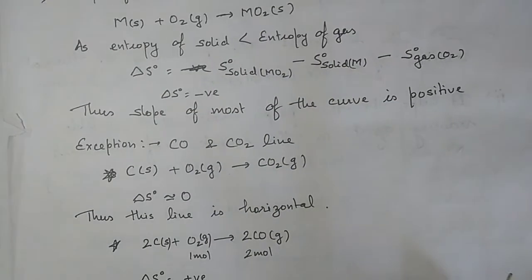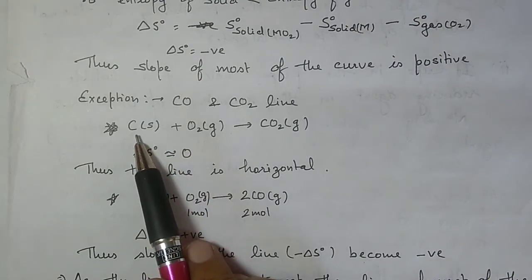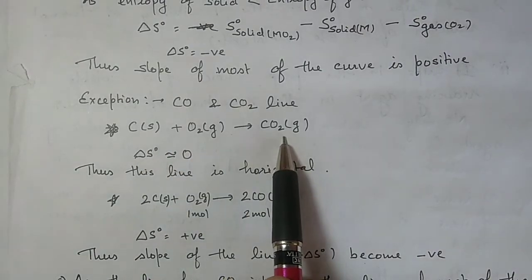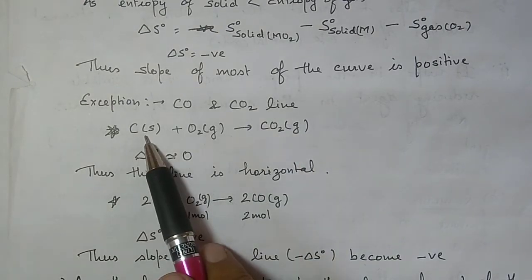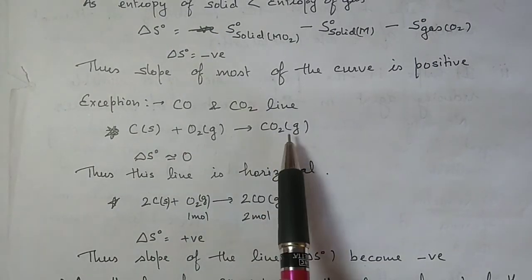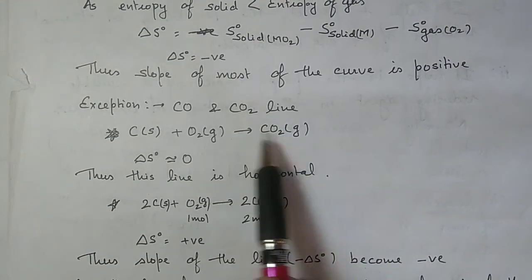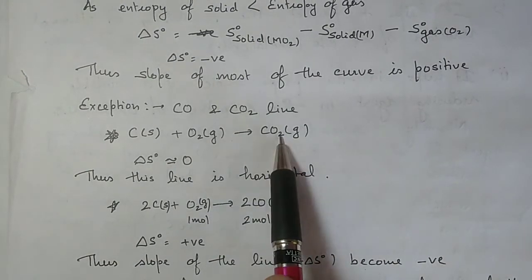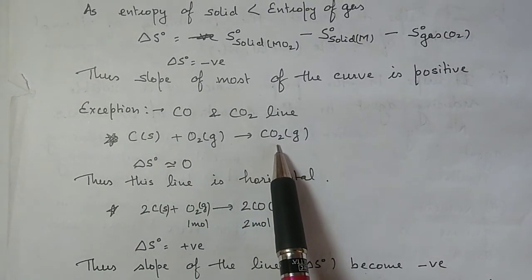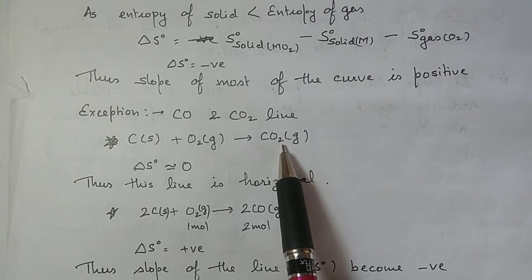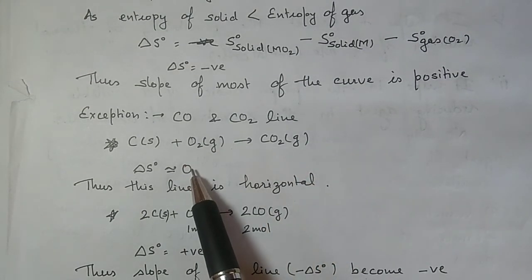The other line is for formation of CO2, that is carbon dioxide. Why are these lines exceptions? This is the reaction for CO2 formation: carbon plus O2 gives CO2. The carbon is solid, the oxygen is gas, and the product is gas. It means that when 1 mole of oxygen and 1 mole of carbon give 1 mole of carbon dioxide, the change in entropy is almost zero.